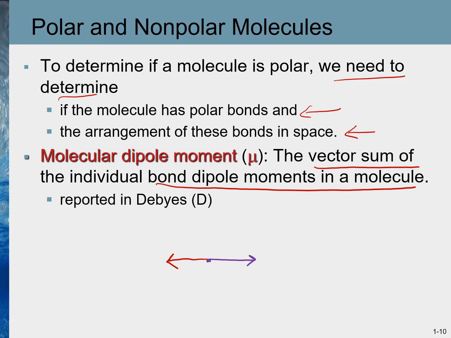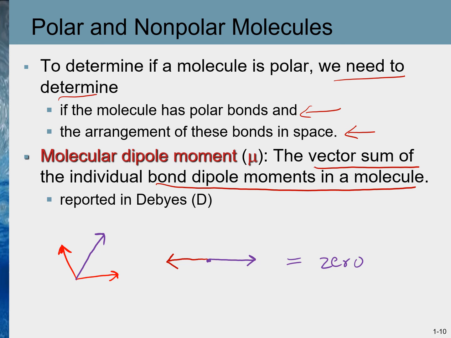In this case, although we have 2 dipole moments, because they are on opposite sides, the vector sum of these will be equal to 0, because in opposite directions 2 forces will cancel each other out. If 2 dipole moments are at an angle such as this way, in this case the resulting vector sum will be somewhere in the middle.